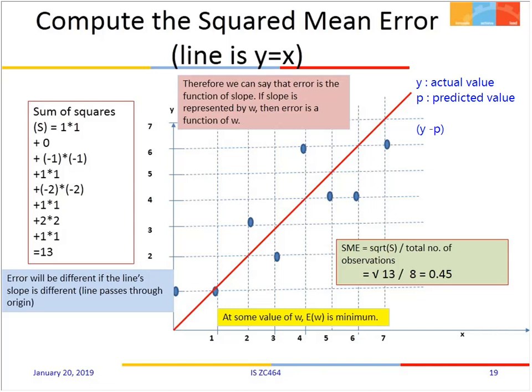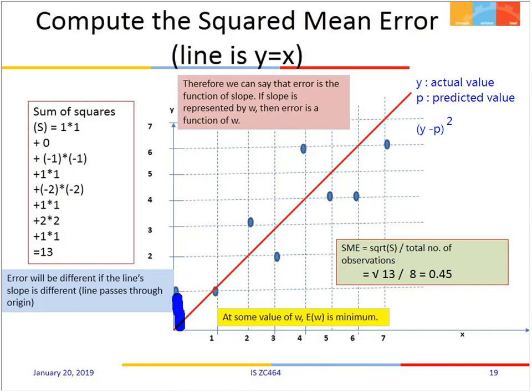So there are 1, 2, 3, 4, 5, 6, 7, 8 observations. If you compute for every such observation this value y minus p and take its square, then you will get it correctly. I will check it out. For the first observation it is +1.